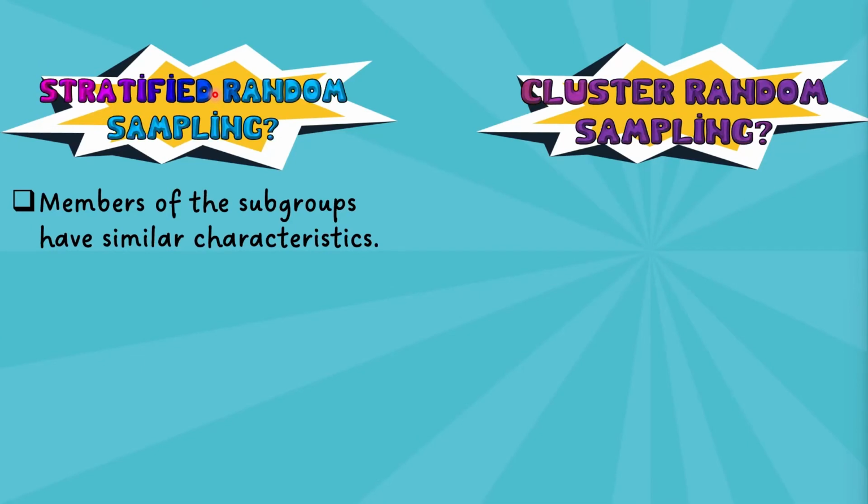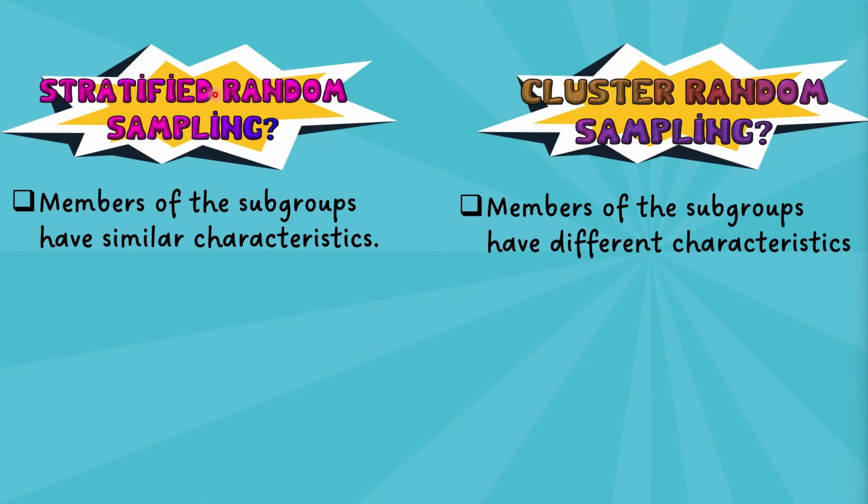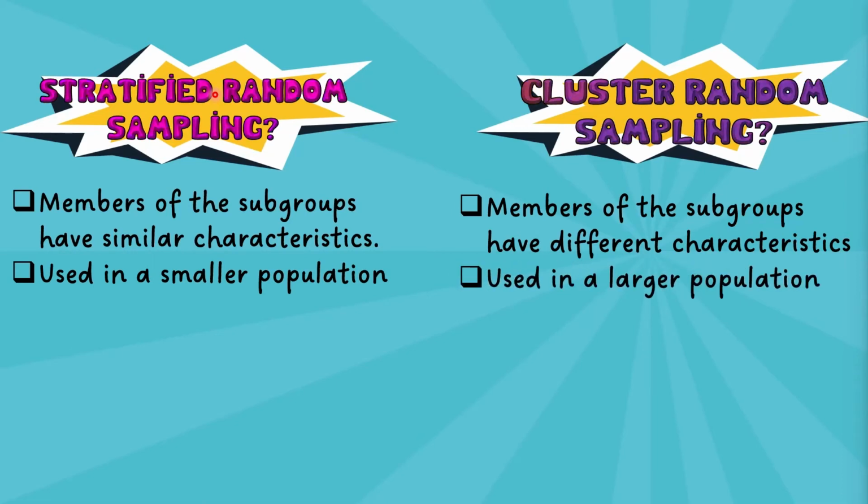Kaya nga 'di ba kanina, dinivide natin yung ating population by gender. We can also divide them according to their age. Okay? But the members of the subgroups have different characteristics. Okay? Stratified random sampling is used in a smaller population while cluster random sampling is used in a larger population.